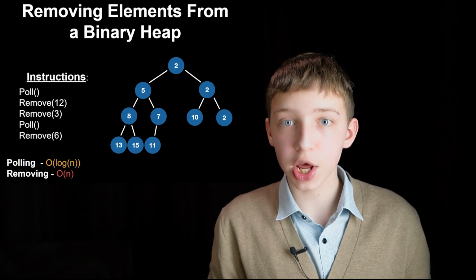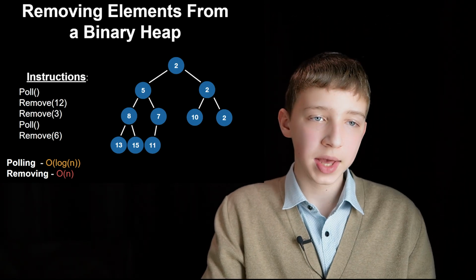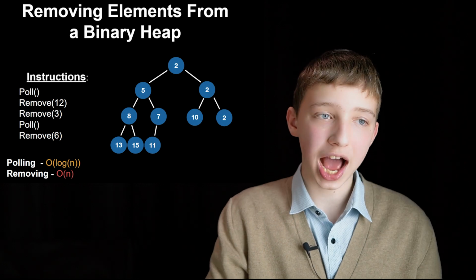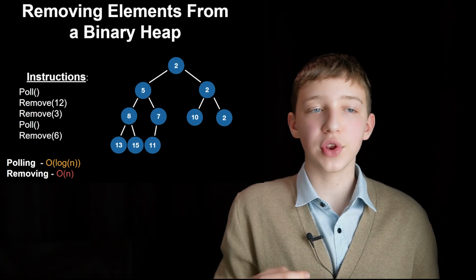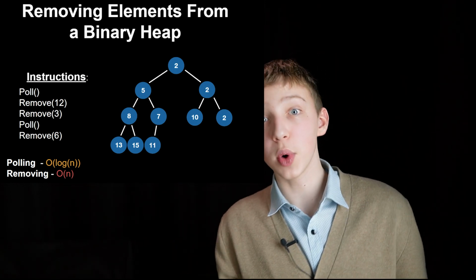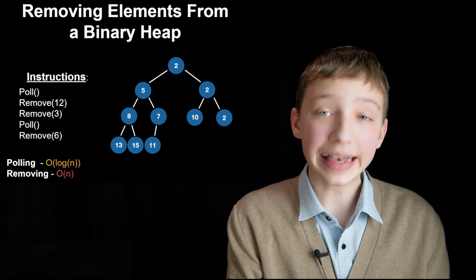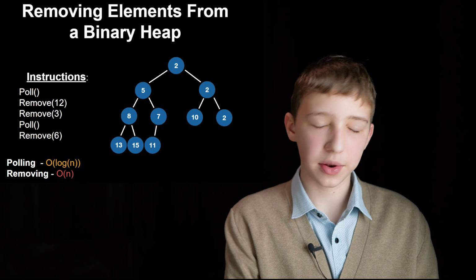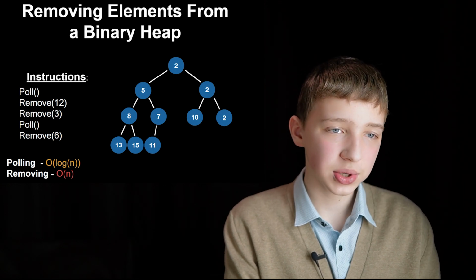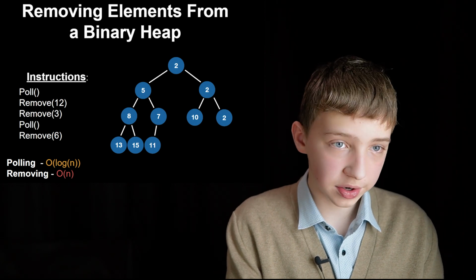But removing from a random or arbitrary node takes up to linear time, or time of O of n, since we have to find the node we want to remove before we remove it. So we need to do a linear search before we try to remove it.